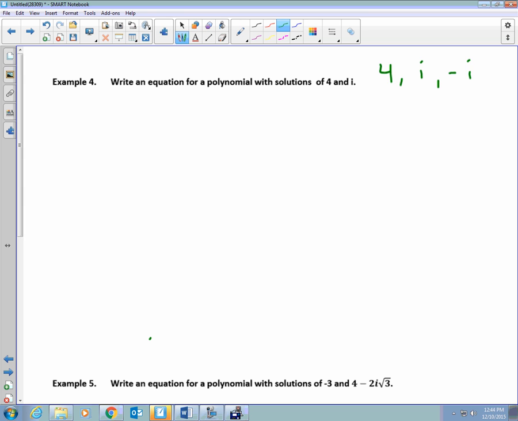So we know that these are the solutions. So what I can do is the polynomial can be written in factored form with its solutions. x minus 4, x minus i, and x minus negative i.